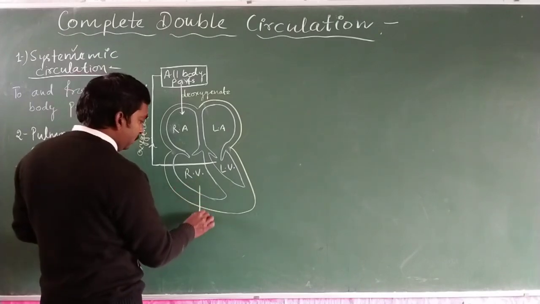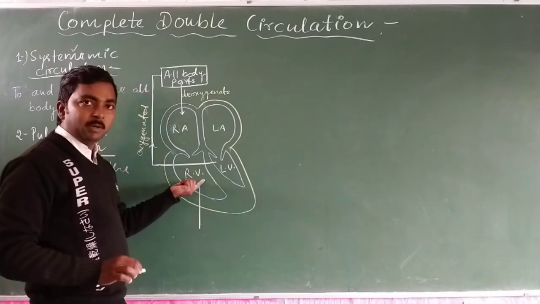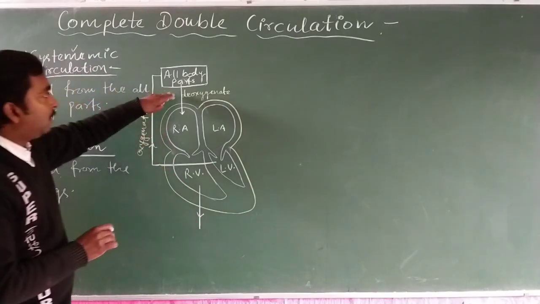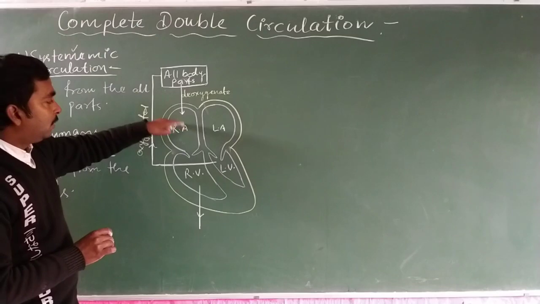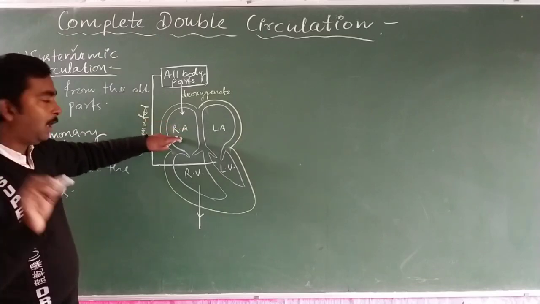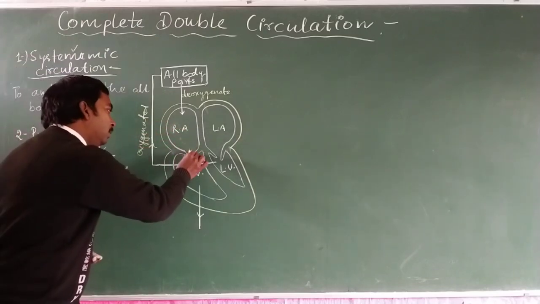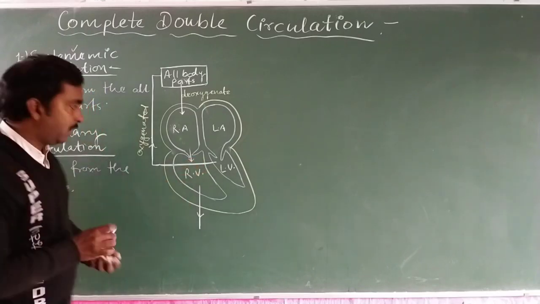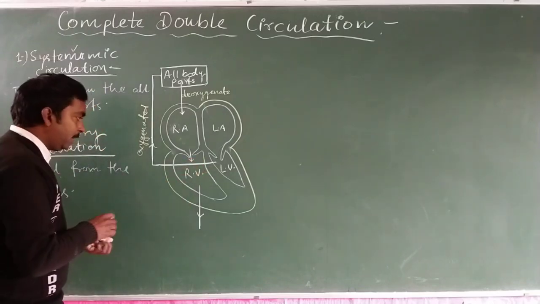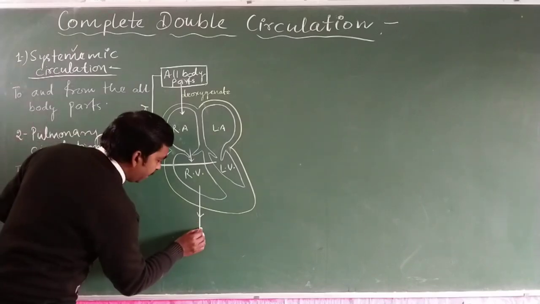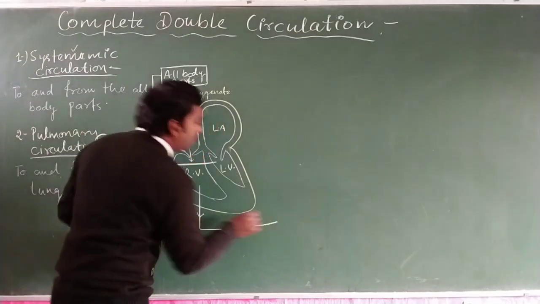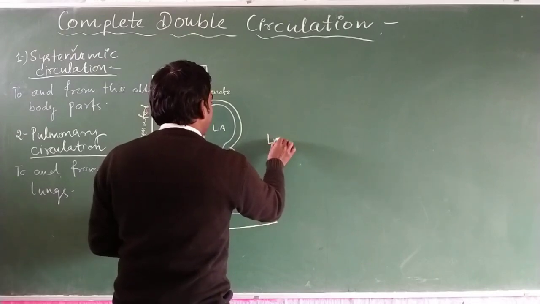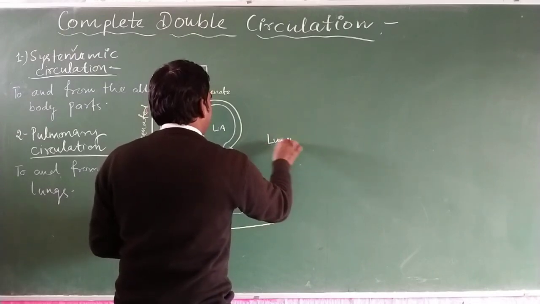The right ventricle pumps deoxygenated blood, which is taken by the right auricle. The right auricle transfers the deoxygenated blood to the right ventricle, and this right ventricle pumps deoxygenated blood to our lungs. Suppose here are the lungs.